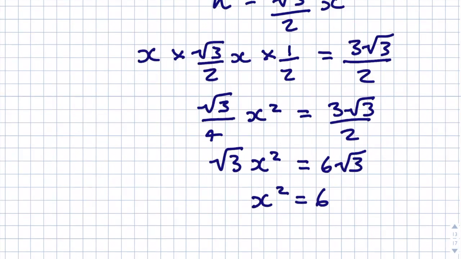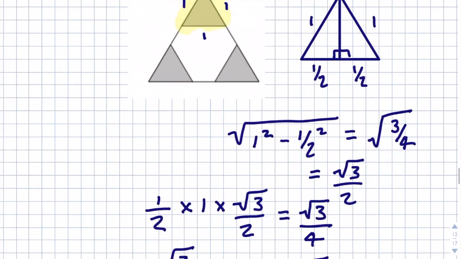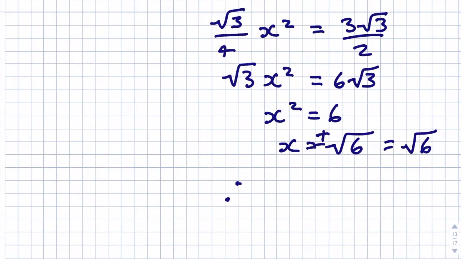And then square root both sides, we get x equals square root of 6. Now technically this would be plus or minus root 6, but we're not going to have a negative length, so the answer must be root 6. Got an answer of root 6, which is answer B. So therefore, final answer equals B.